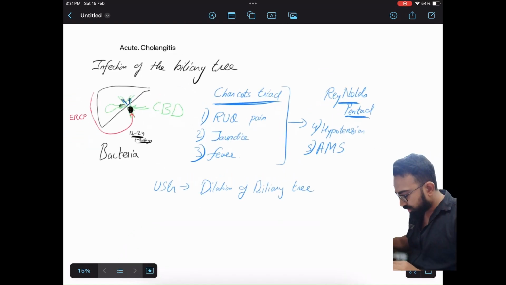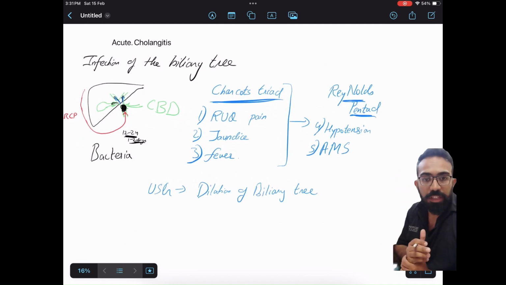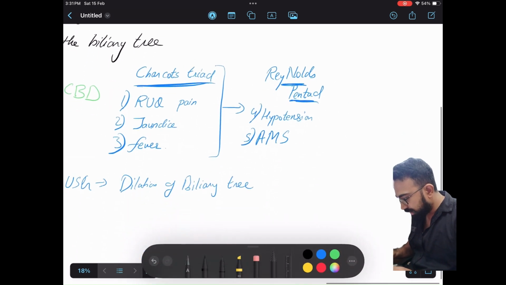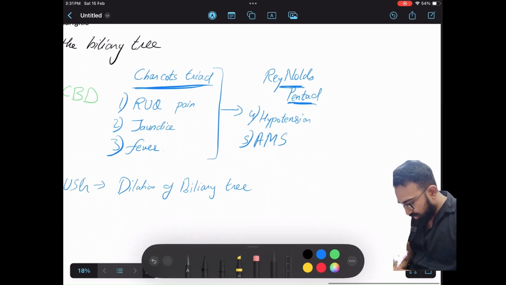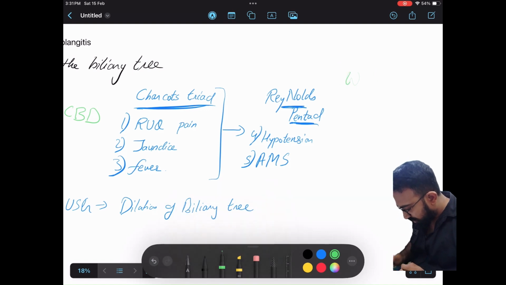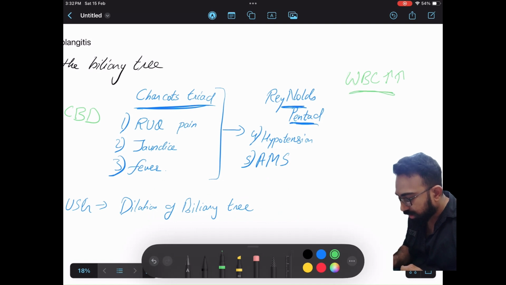Now we'll be coming to what are the lab findings in acute cholangitis. A very obvious point is that the WBC will be elevated.